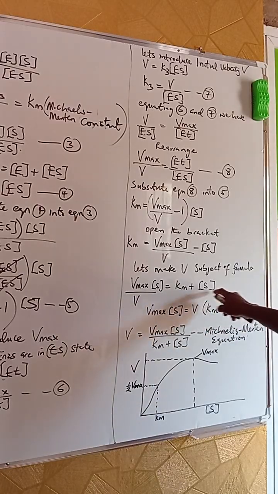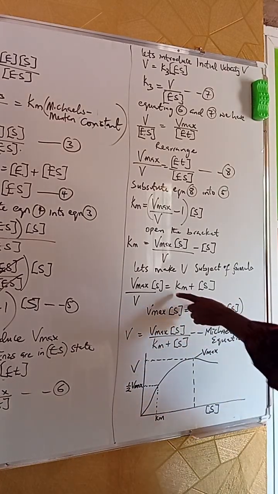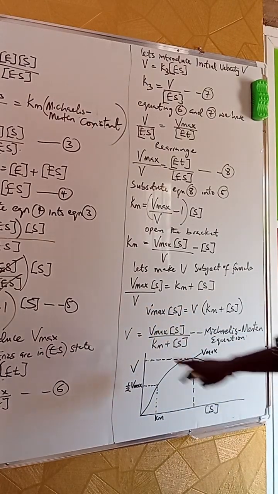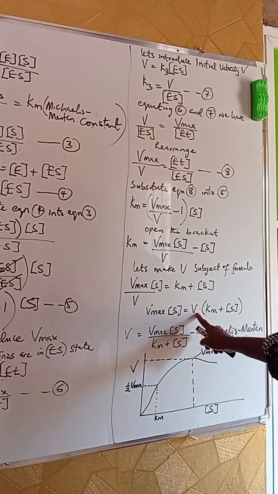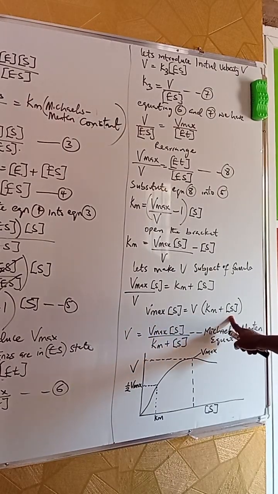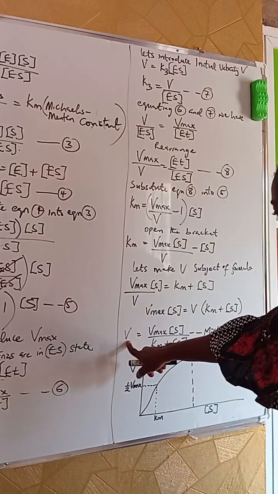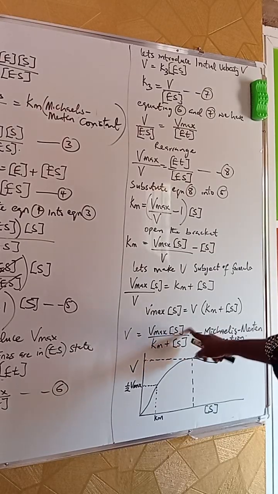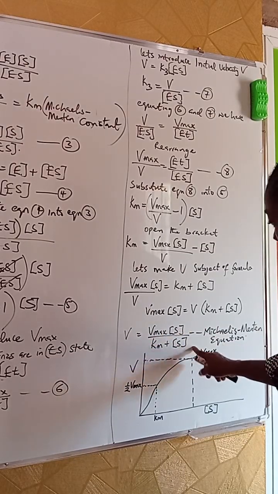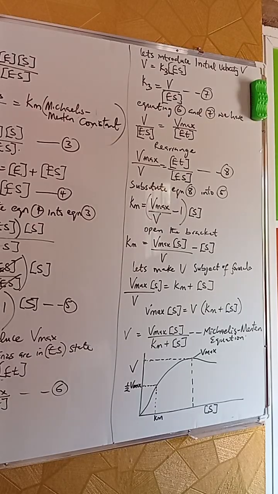V multiplies everything here, so Vmax S is V times the bracket, all of this. And then, to make V the subject, we divide both sides by Km plus S. And so finally V is equal to Vmax times S, all over Km plus substrate concentration.